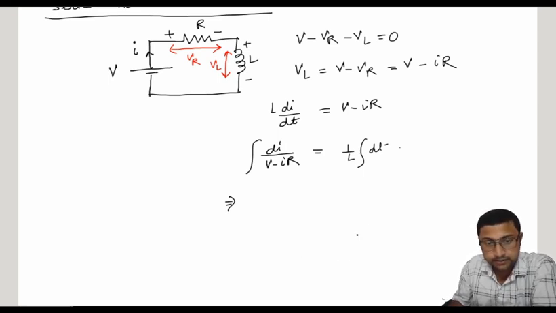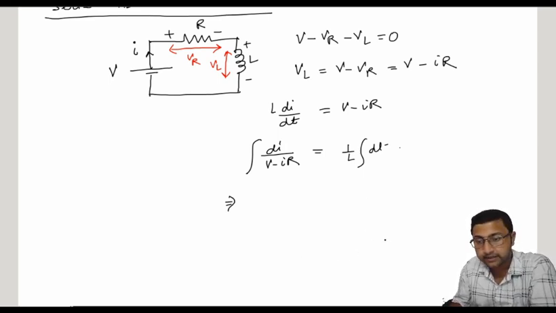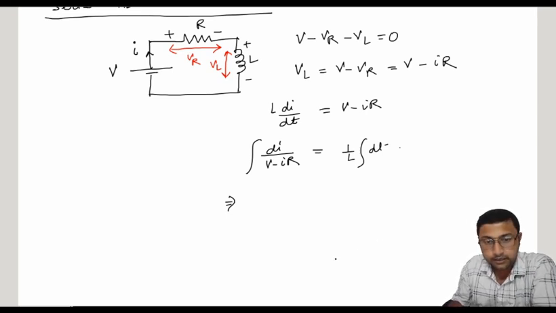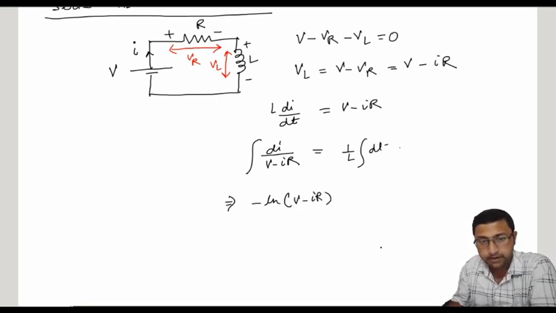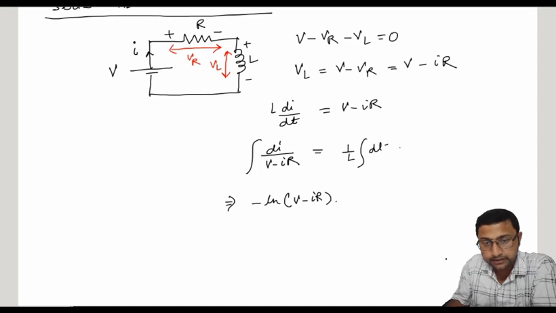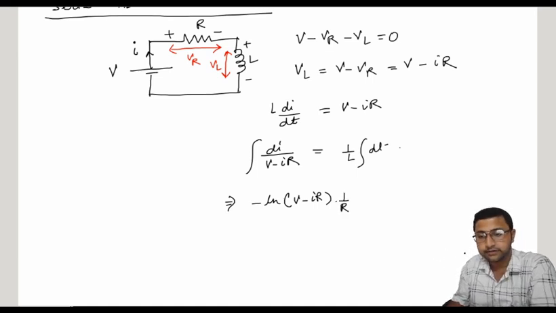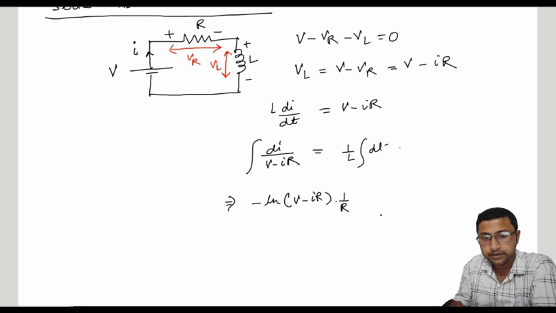It is di by V minus I into R, so the log term comes here: minus ln of V minus IR. But the term I is associated with R, the product I into R is present, so 1 by R is also present, because the term is IR in di by V minus IR. Then plus some integration constant, that is equal to 1 by L into t.